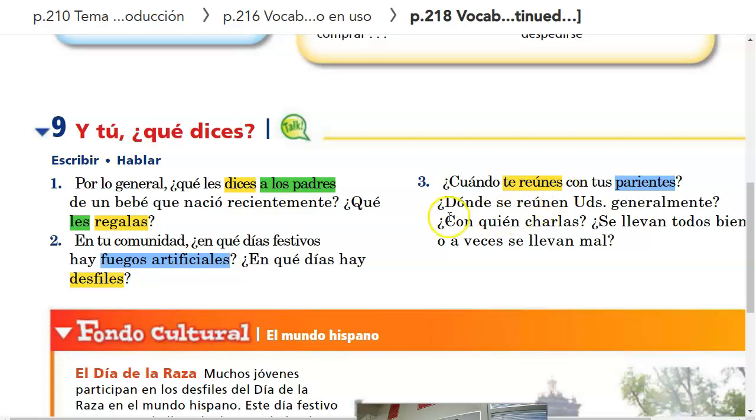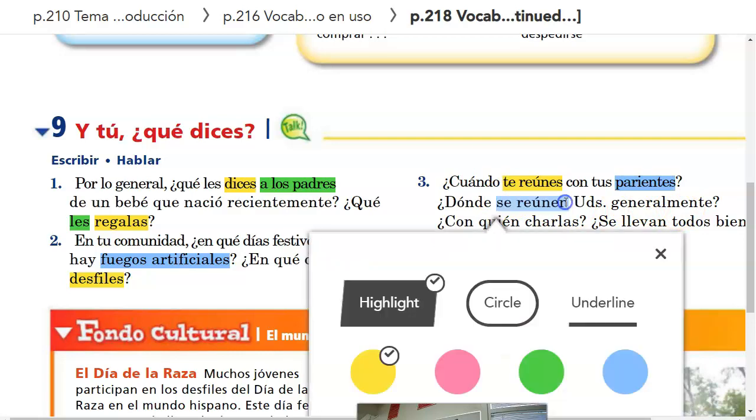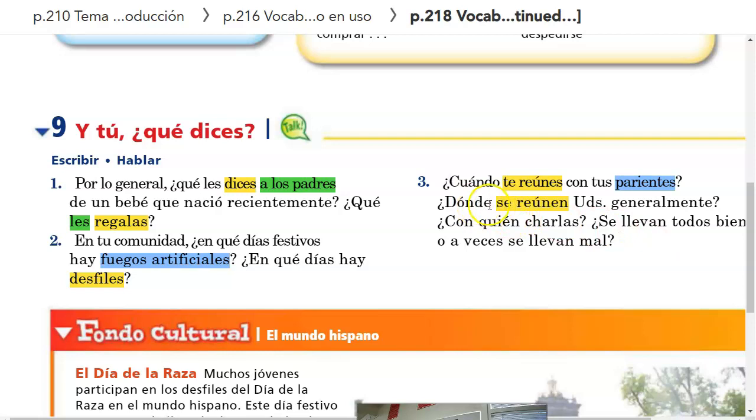Second part to number 3, forgive me, ¿dónde se reúnen ustedes generalmente? So we're using the same verb here, but now we're asking where. Where do you and your family get together generally? So you want to respond in the nosotros form for sure for this one. And you can begin by saying generalmente.